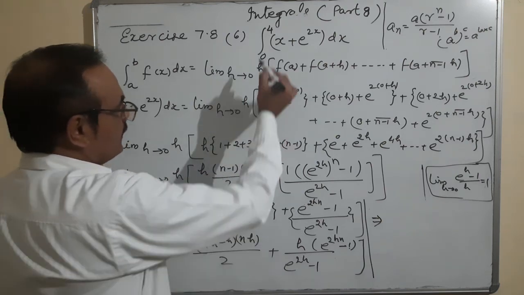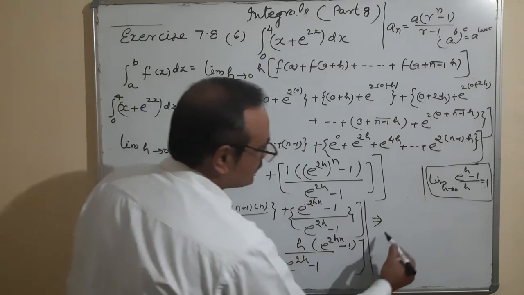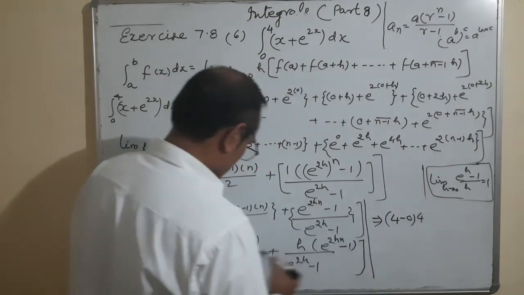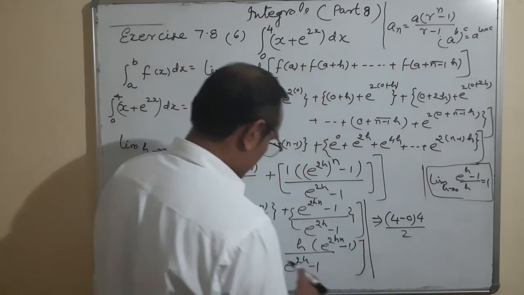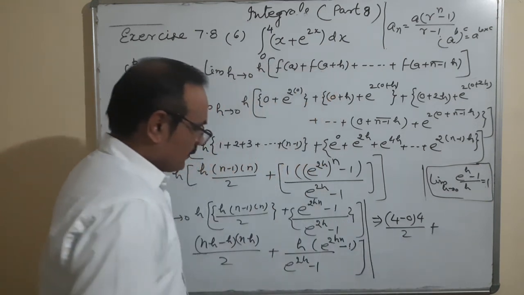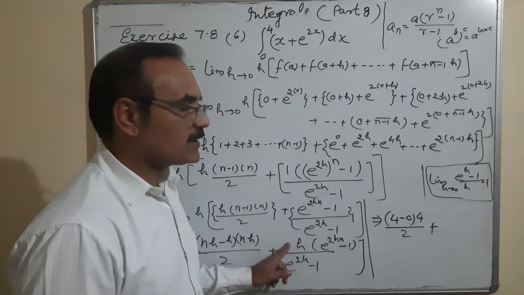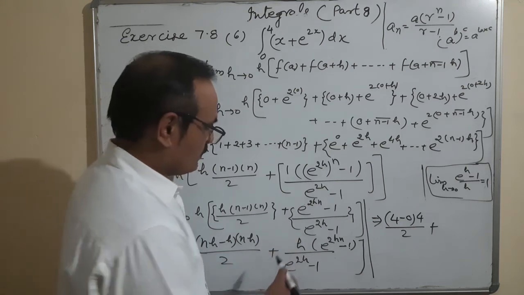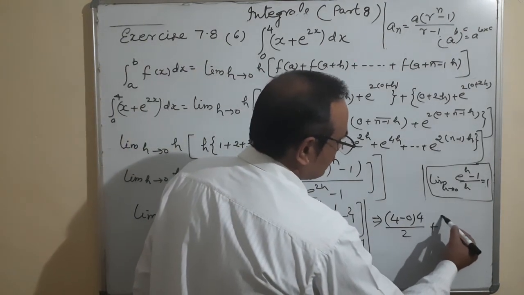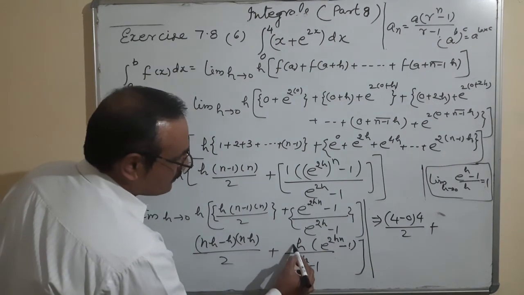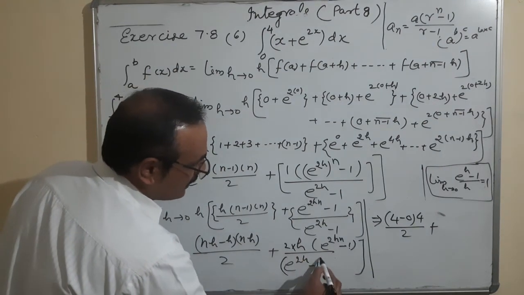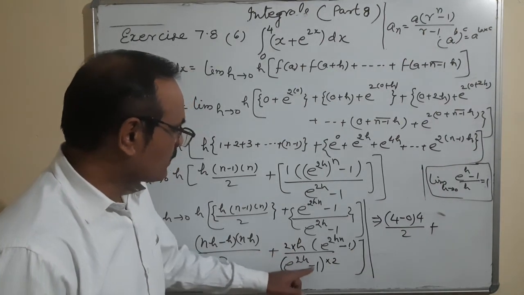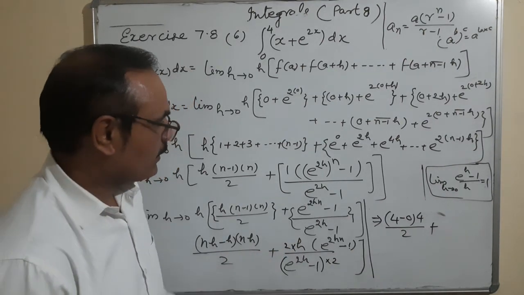So nh is 4, 4 minus 0 into 4 upon 2, plus, because there is e to the power 2h minus 1 with only a single h, for balancing I am going to multiply and divide by 2. So it is 2h upon e to the power 2h minus 1, that is 1.